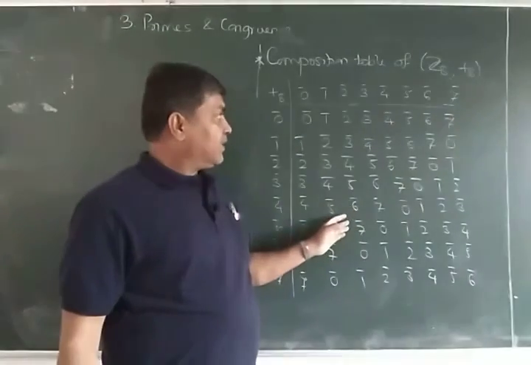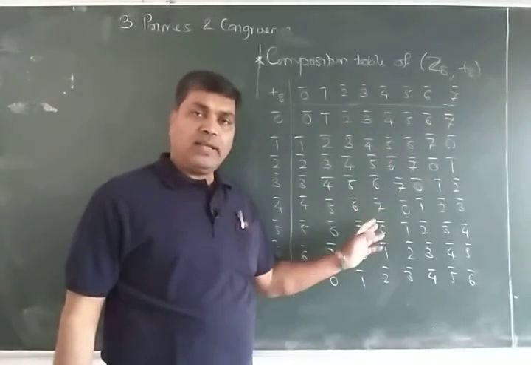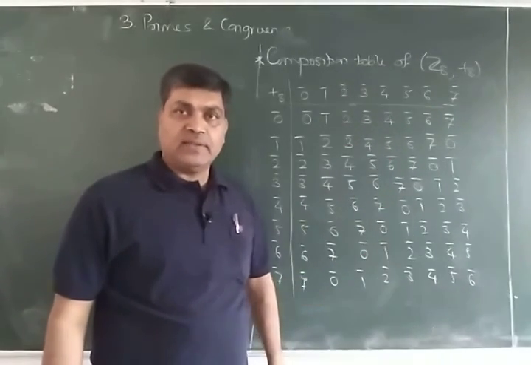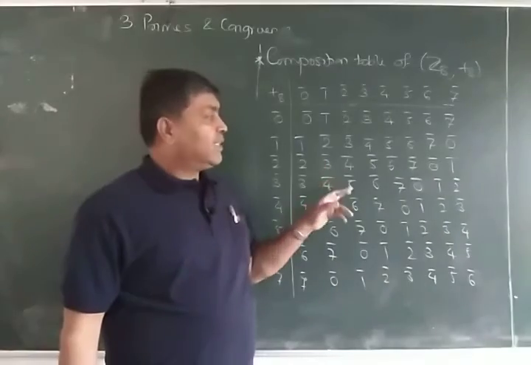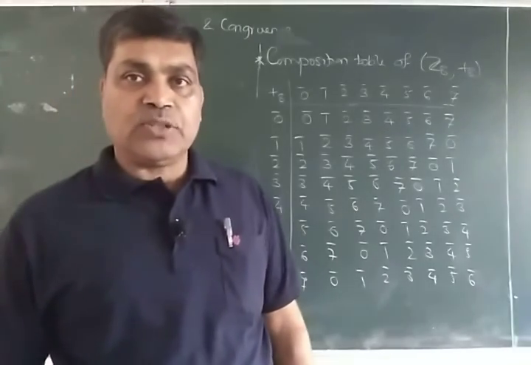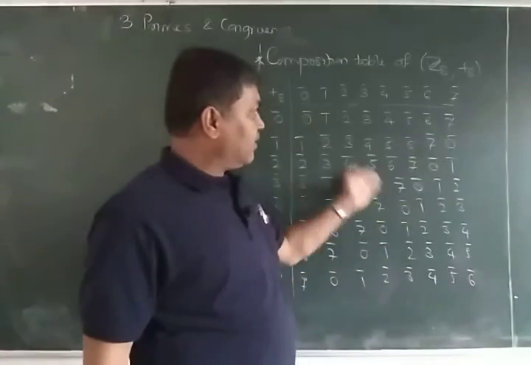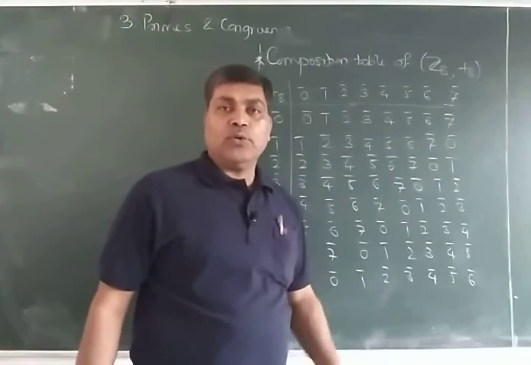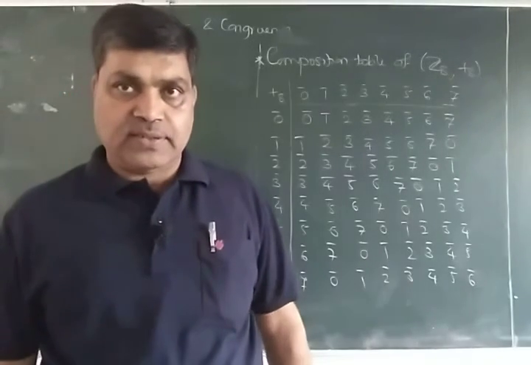No entry takes an element outside of Z8. All entries are only from Z8. Therefore, we say that Z8 is closed under the addition modulo 8 operation. The table is symmetric about the diagonal, so addition modulo 8 is a commutative operation on Z8.